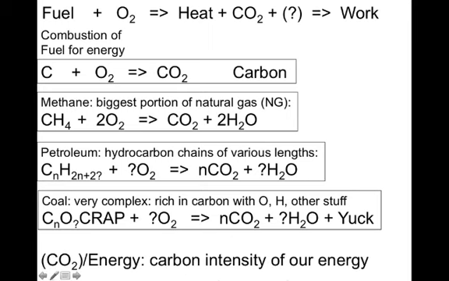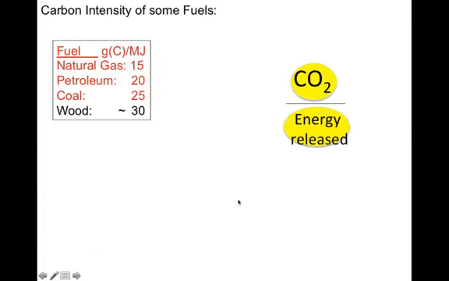So we want energy, we want heat, but we don't want the carbon dioxide emissions. So the ratio of carbon dioxide, or kilograms of carbon dioxide per megajoule, is the carbon intensity of our energy. Let's take a look at this more closely. I'd like you to memorize these.